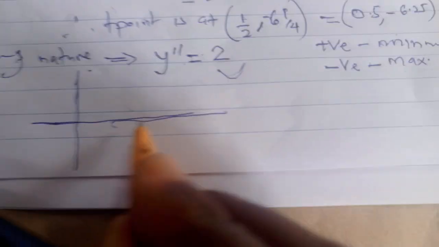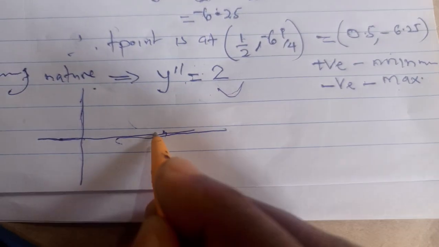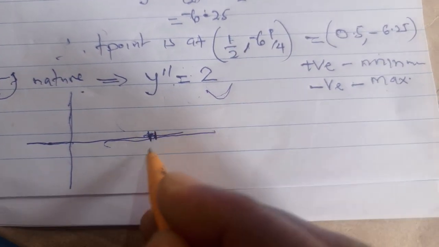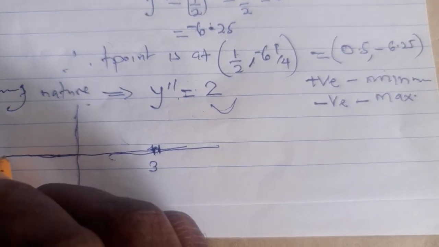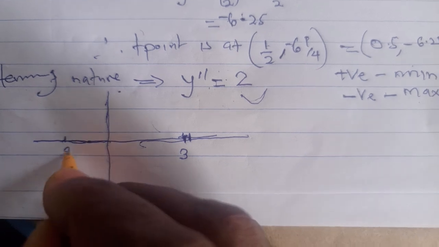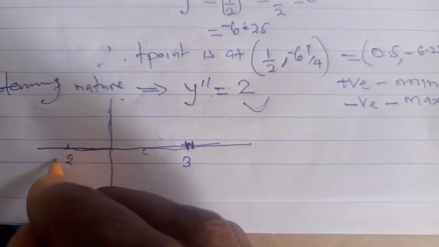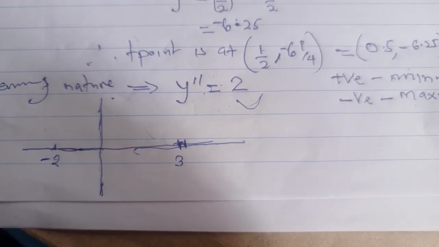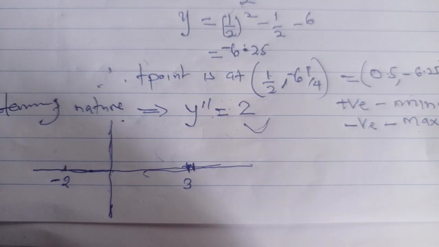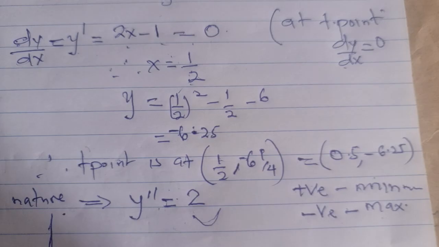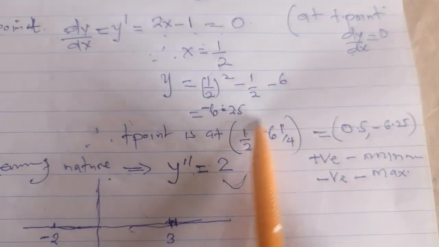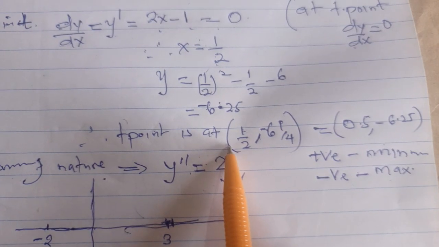So if we take 3 to be somewhere here, negative 2 will be on this other side, somewhere here. We're just giving approximate positions. These are sketches, remember? And then we said that the turning point is at a half, negative 6 and a quarter.